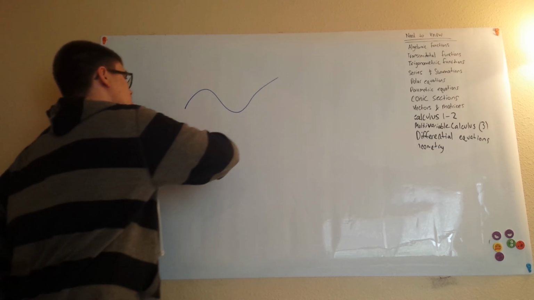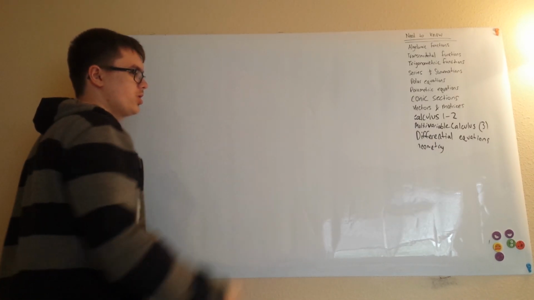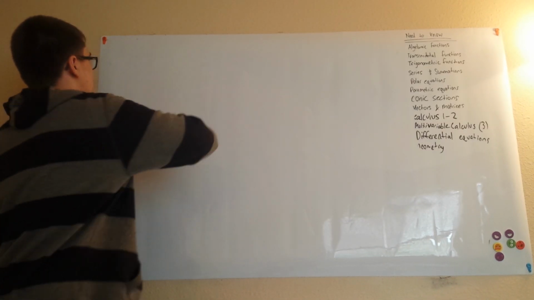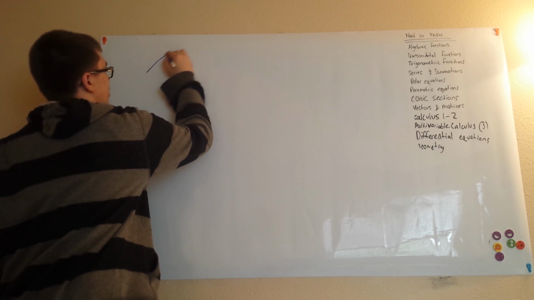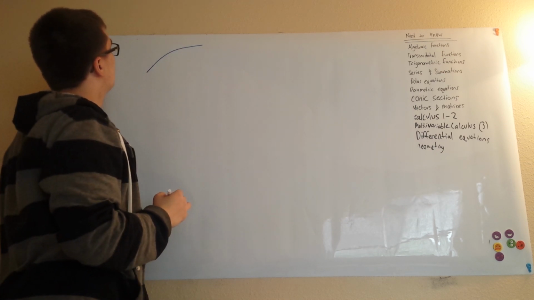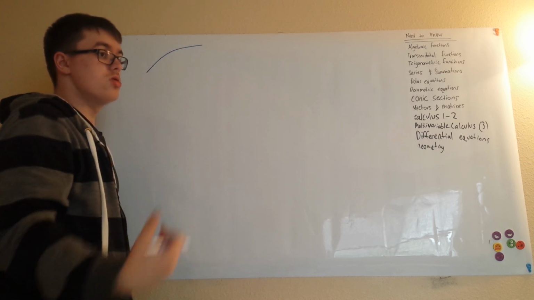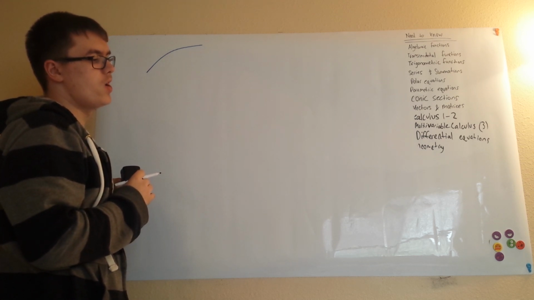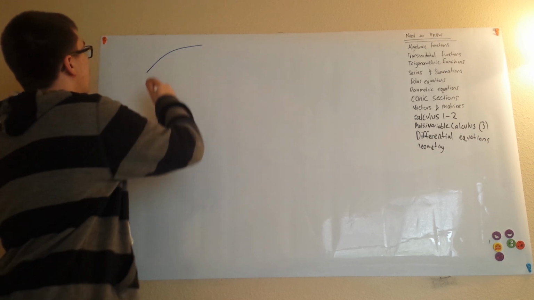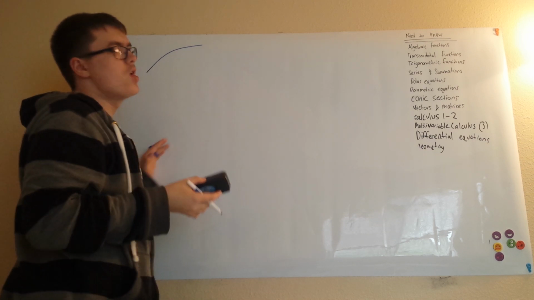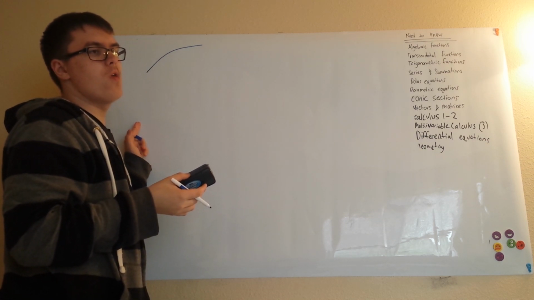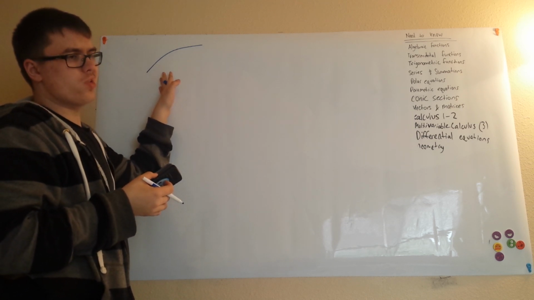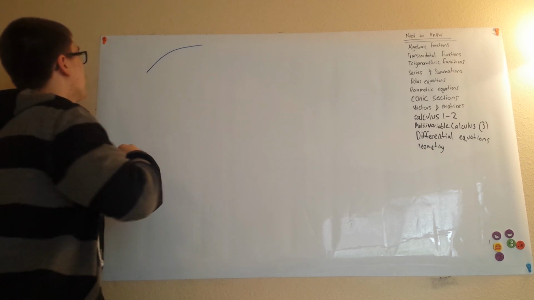Well, let's take a little section of this curve. Just a little section. And if we take the little section of this arc, we can think about two different things. What if I wanted to find the length of this arc? And it's not a circular arc, this is just a curve.